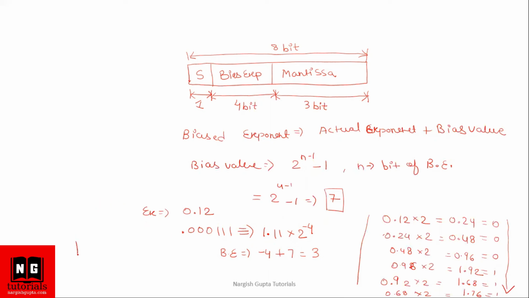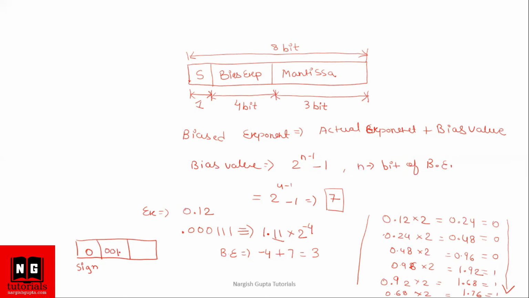And now we can represent it in this format. As this number is positive, the sign bit will be 0. If it were negative, then the sign bit would be 1. Then the bits we get in the mantissa are 11, but we have to represent it in 3 bits.